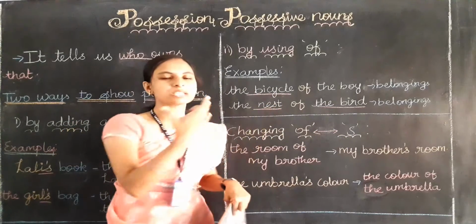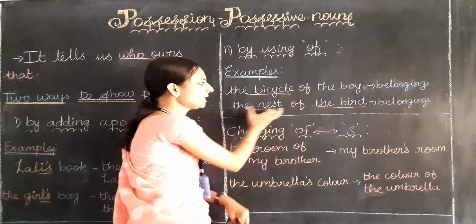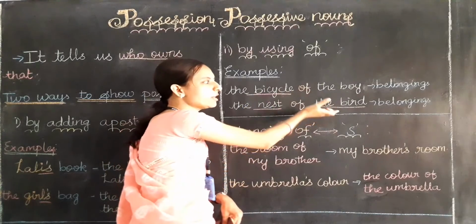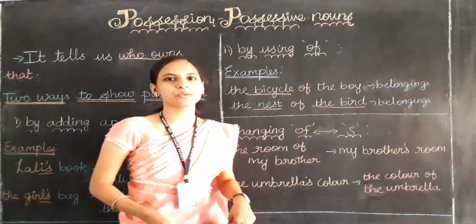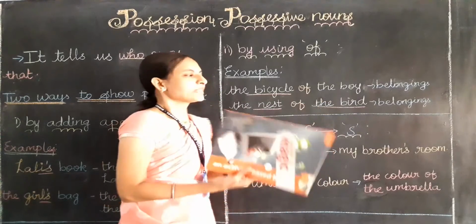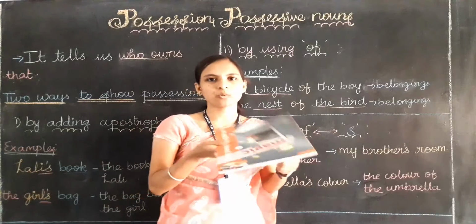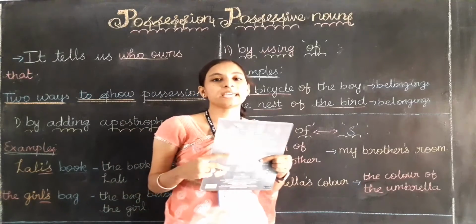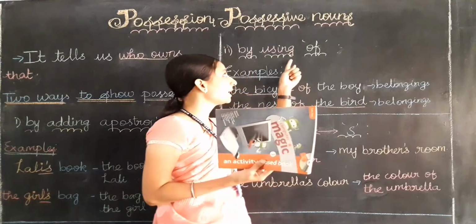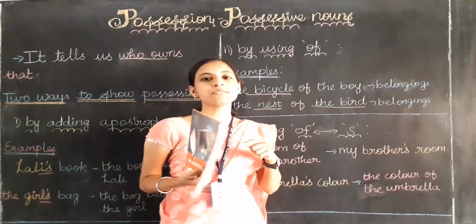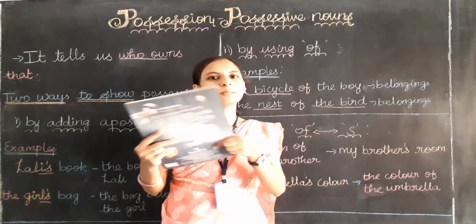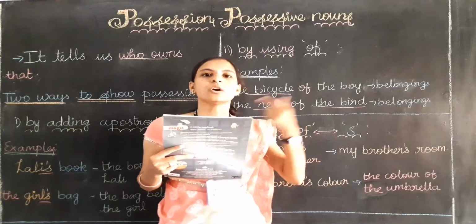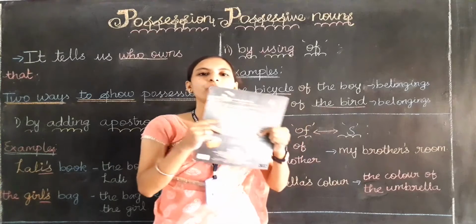The thing that belongs to the person comes first. After that, the owner's name comes last. I am telling you again. Suppose this book belongs to Kumar. By using of, we need to say the thing's name first: the book of, then the person who owns this thing, Kumar.